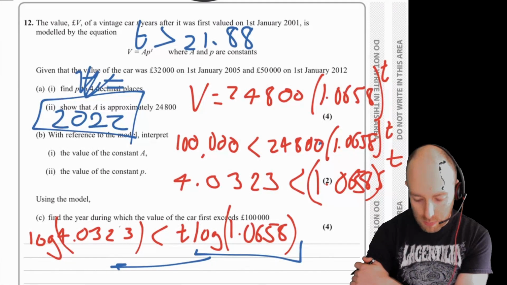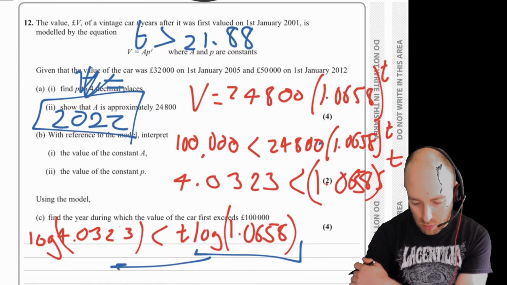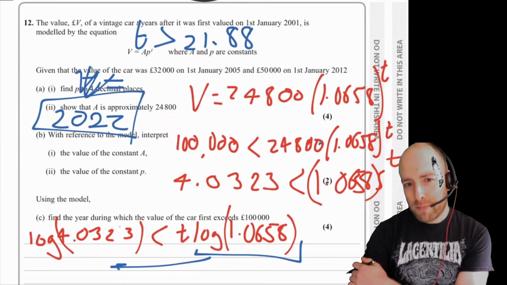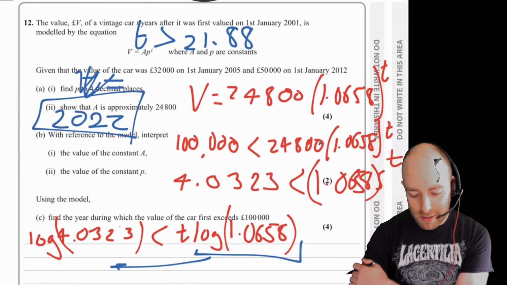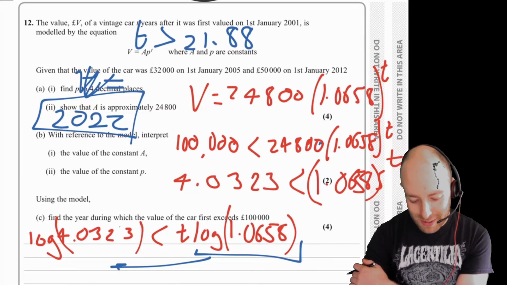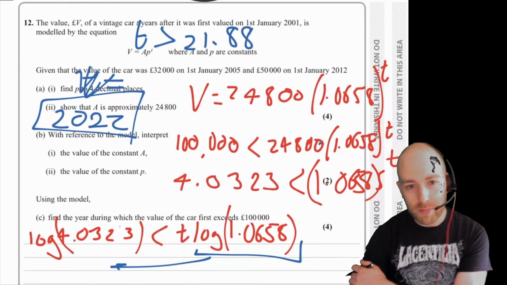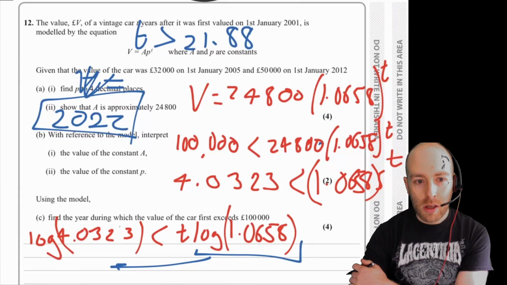Our first year, 1 year after 2001, is T is 1, which is 2002. So when T is 21, it's going to be 2022 during that year. Cool. Those are always a little bit confusing at the end there, but yeah, good.